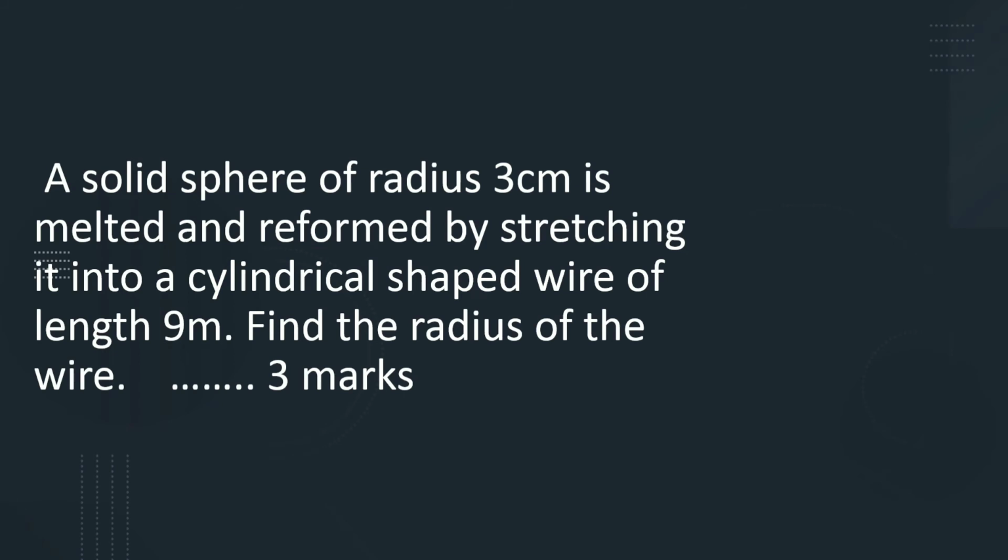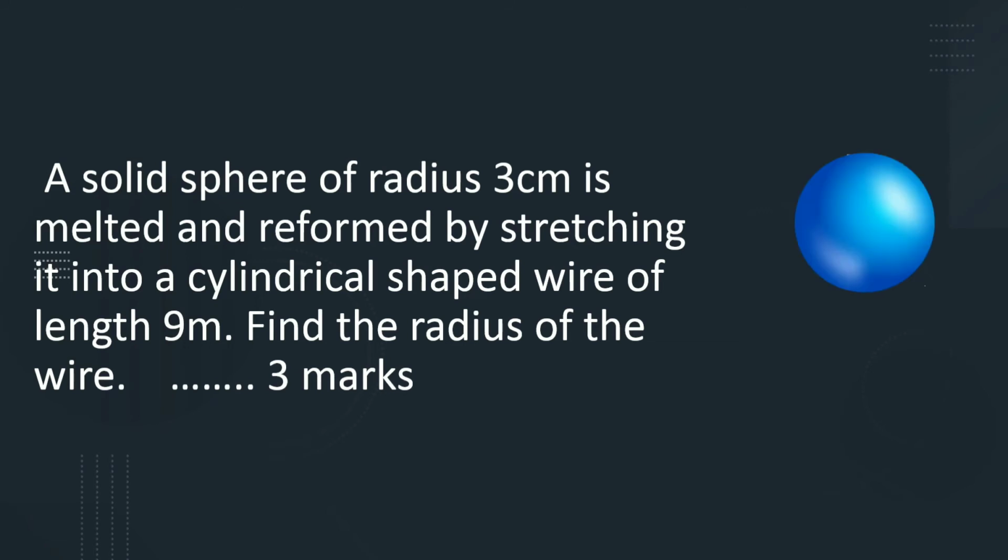A solid sphere of radius 3 centimeter is melted and reformed by stretching it into cylindrical shaped wire of length 9 meter. Find the radius of the wire. This is the option B of the previous problem. Whichever is easy for you, you solve.